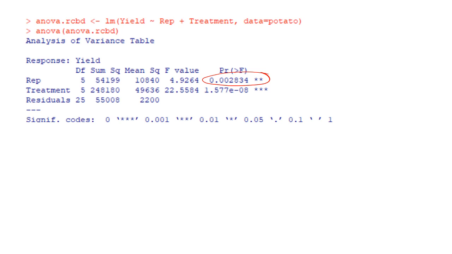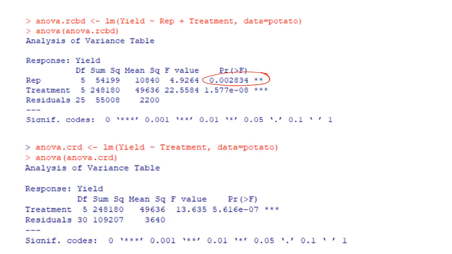Let's compare this with the result from CRD. Because the block is significant at the 5% significance level, the among block variance has accounted for a considerable proportion of the residual variance.